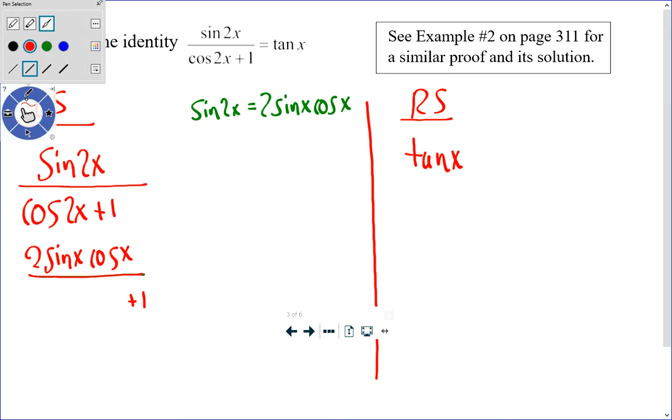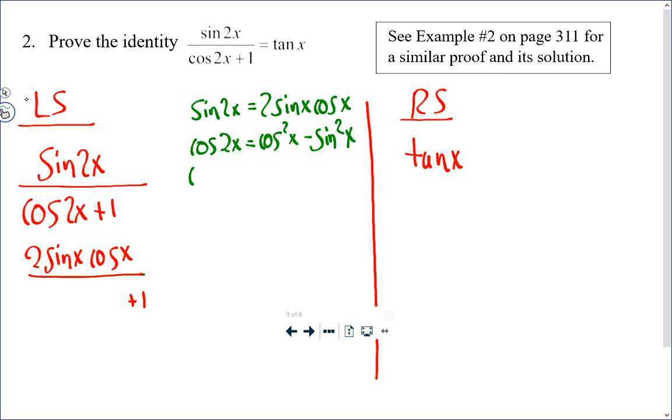Now you need to do a little bit of digging and a little bit of thinking. Cosine of 2x is equal to cos squared of x minus sine squared of x. Or it's also equal to 1 minus 2 sine squared of x, but it's also equal to 2 cos squared of x minus 1.